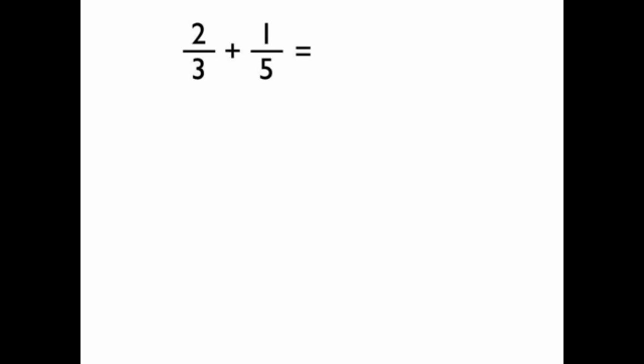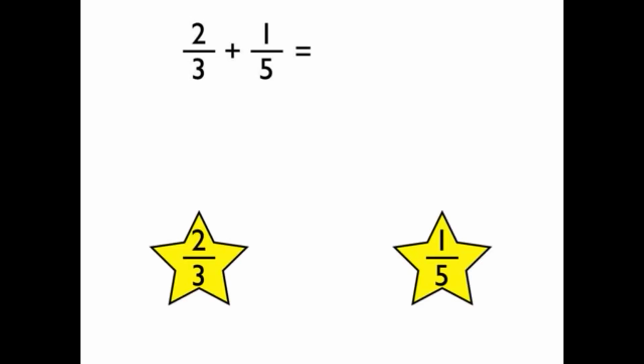But in this case, it's not particularly easy to see what I should change 2/3 into and what I should change 1/5 into to make the denominators the same. So I'm going to show you a nice little method that you can use that will help you out with this. So the first thing to do is to take both of those fractions and put them in a little star or a circle, as you can see here.